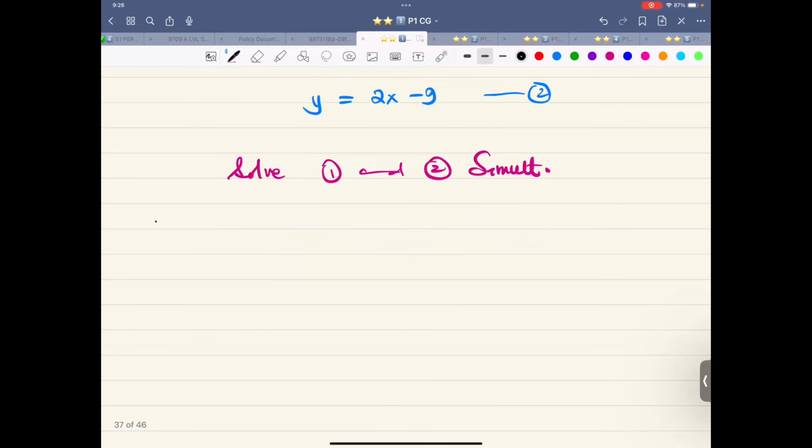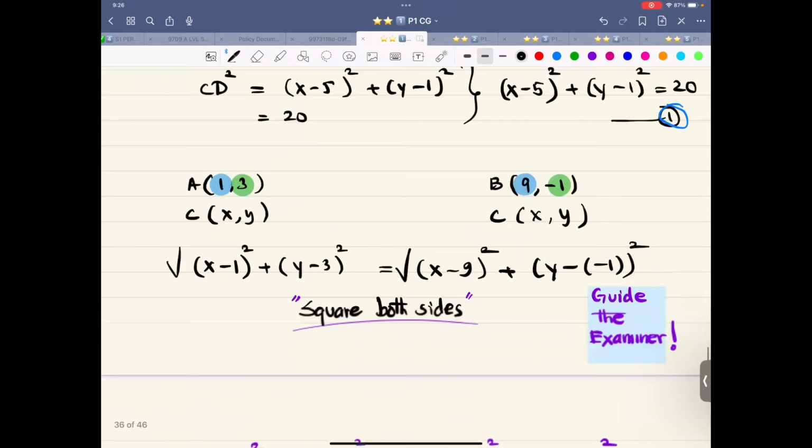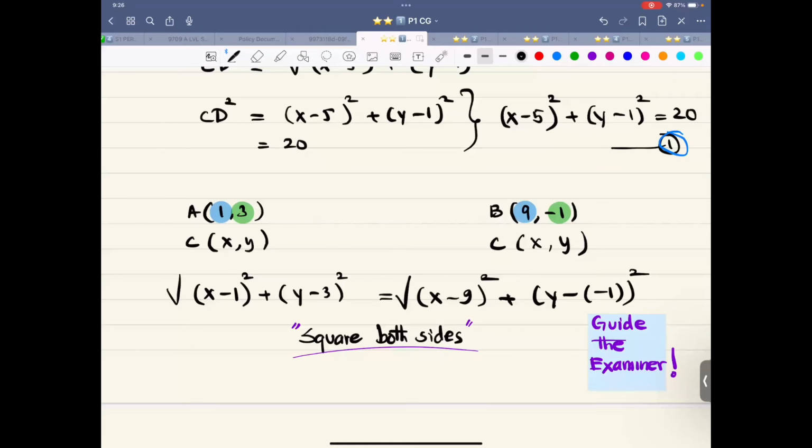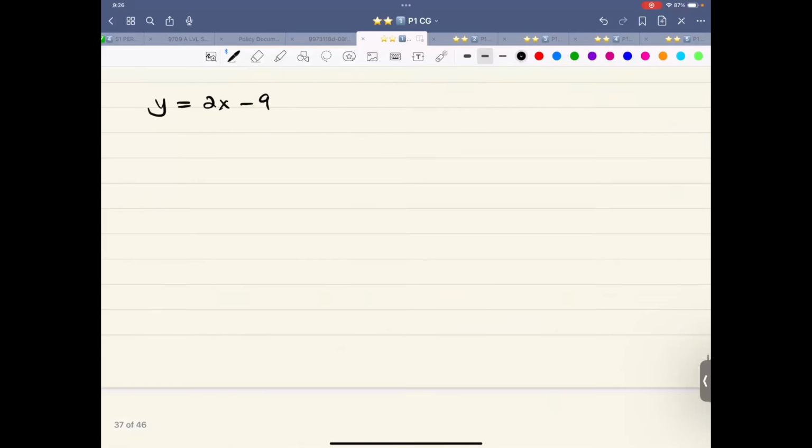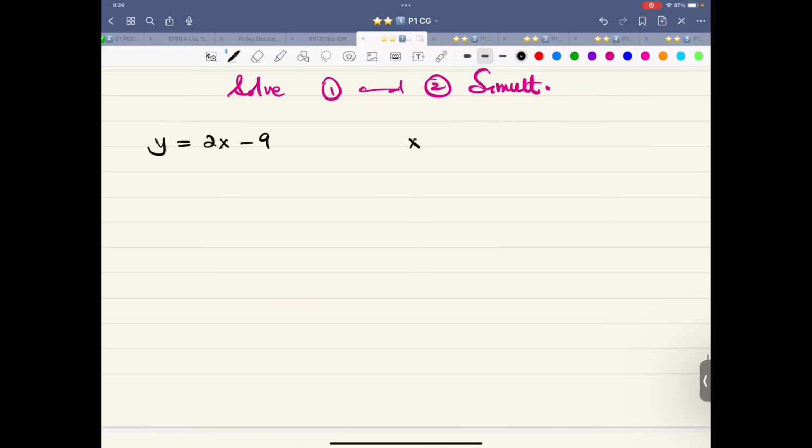So now y is equal to 2x minus 9, and the other equation is (x minus 5) whole square plus (y minus 1) whole square is 20. These are two equations. So let me take y, insert it in this place, and simplify.